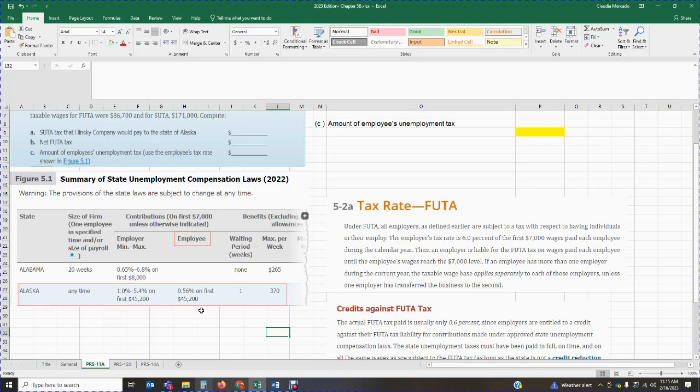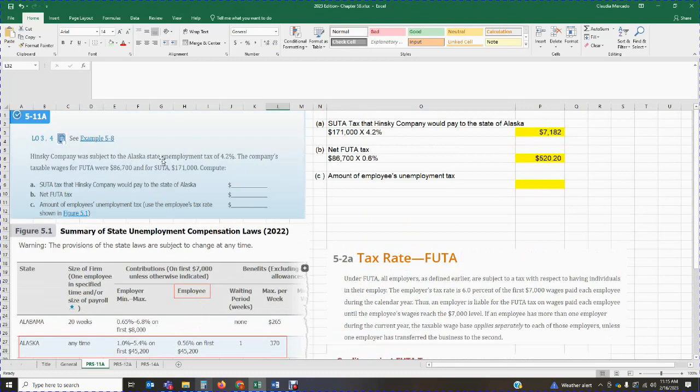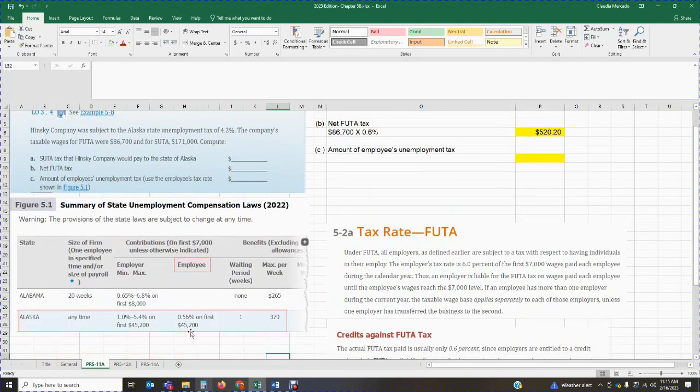If you notice here, the rate for the employee, 0.56%, is much lower than the rate for the employer. The employer is paying 4.2, the employees pay 0.56. So the employee is contributing a small portion into the state unemployment tax.